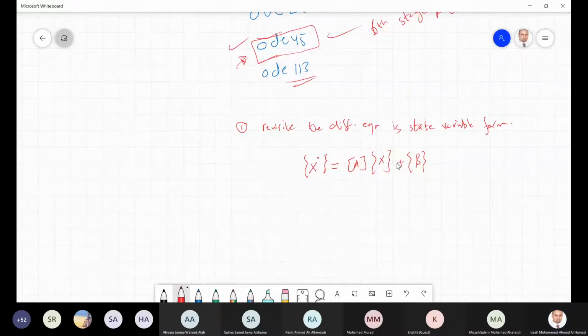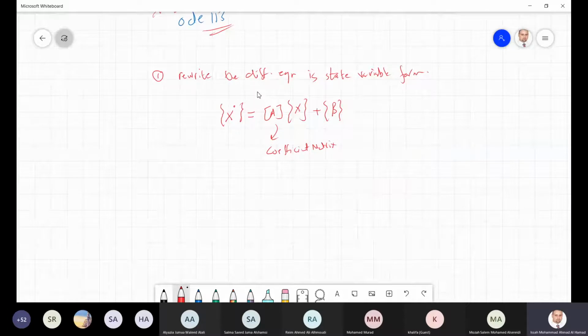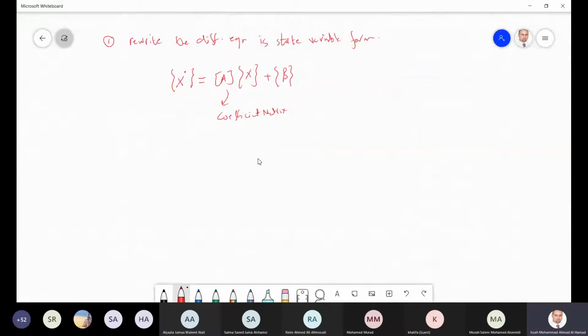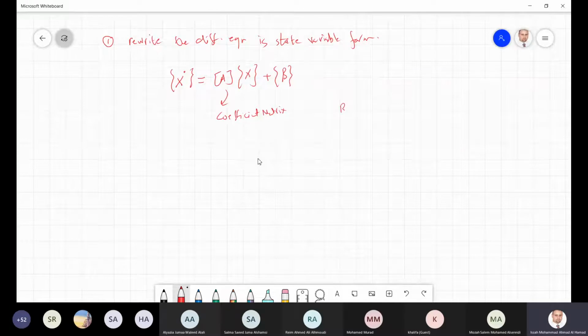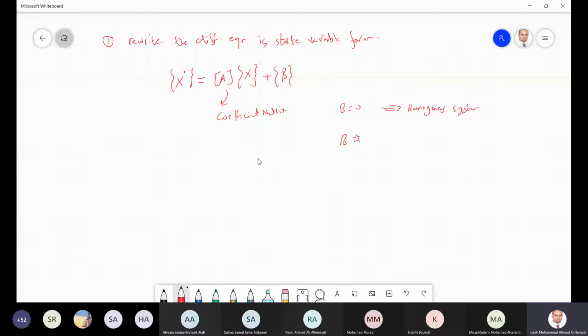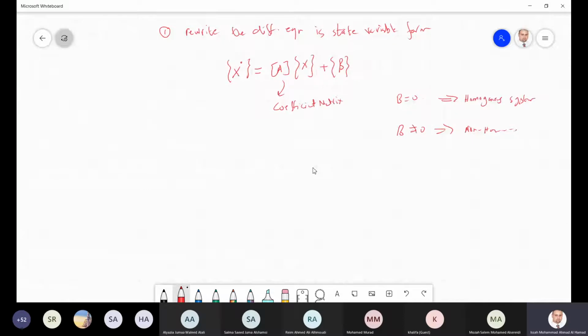So this is the coefficient matrix, and students who are studying advanced engineering mathematics with me and Professor Kamal now know that if b equals 0, this will be a homogeneous system. If b is not equal to 0, it will be a non-homogeneous system. Okay, so what's the value of the x dot vector and the x vector?